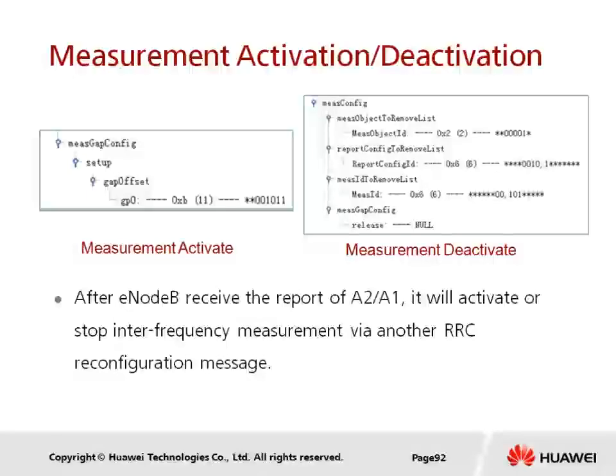This is a screenshot to activate and deactivate the measurement gap. The activation is called measurement gap config, which is for a measurement. Then when the user sends event A1, the measurement gap will be deactivated, with a measurement config to release the measurement gap.